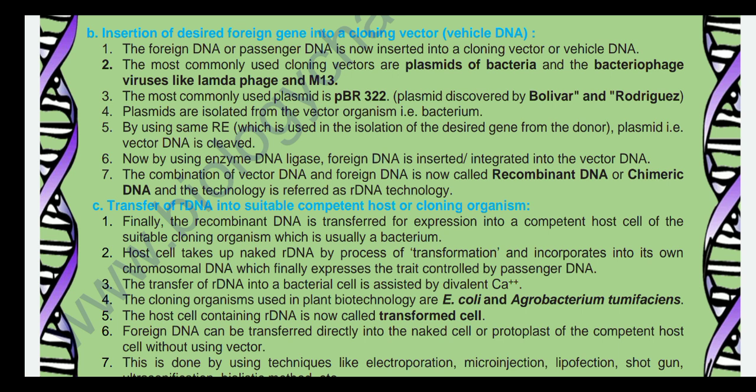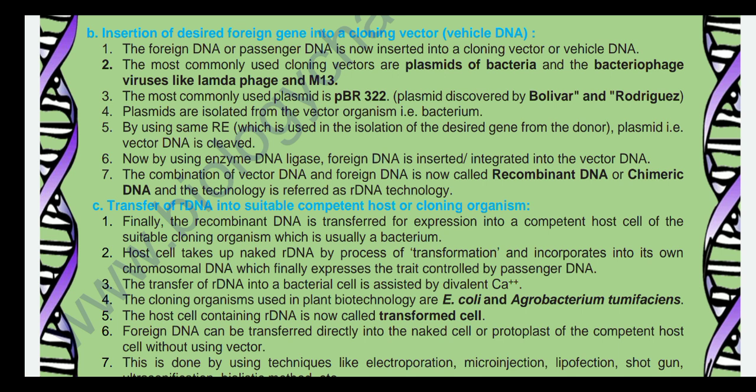Plasmids are isolated from the vector organism, that is from the bacterium. It is the extrachromosomal DNA of bacteria, which is the plasmid. Using the same RE which was used for isolation of the desired gene, the plasmid, that is the vector, is cleaved.